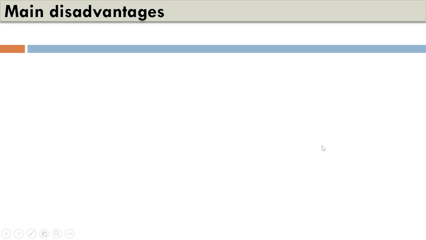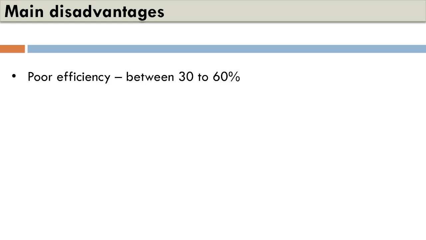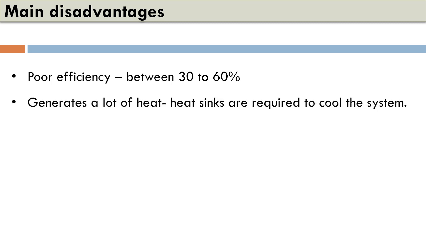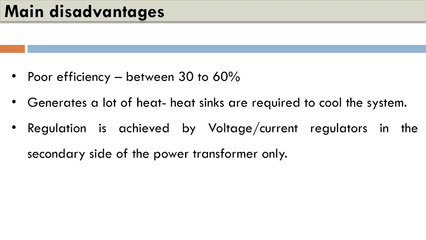Now, we will outline the disadvantages of traditional power supplies. It has very poor efficiency, between 30 to 60%. It usually generates a lot of heat, so heat sinks are required to cool down the regulators used in the circuit.